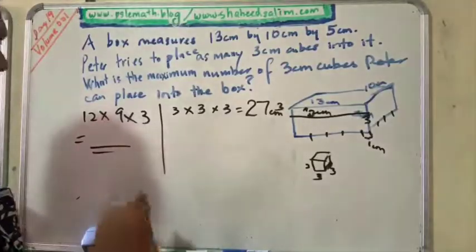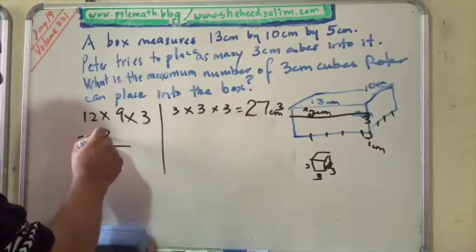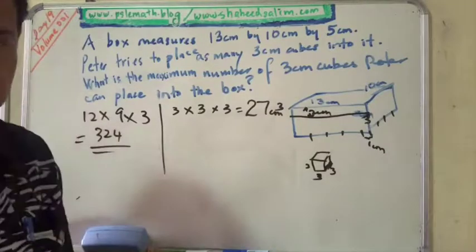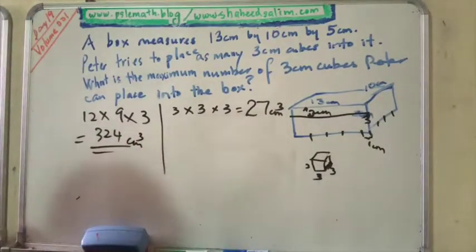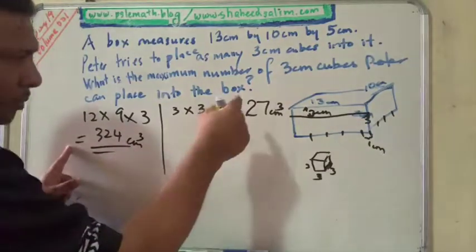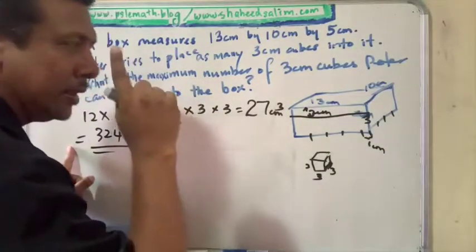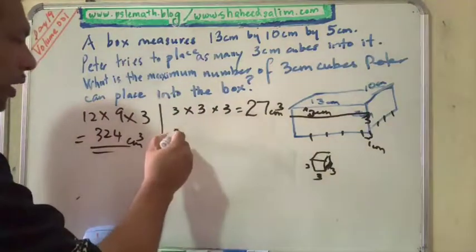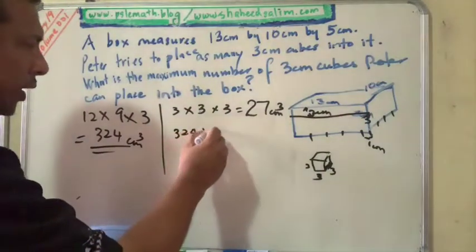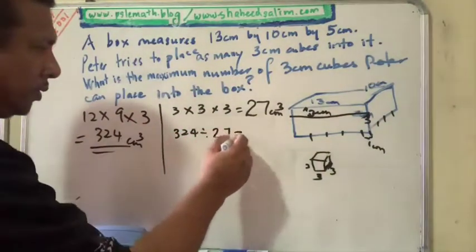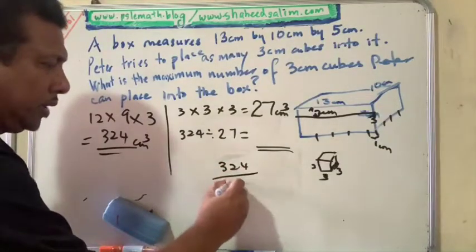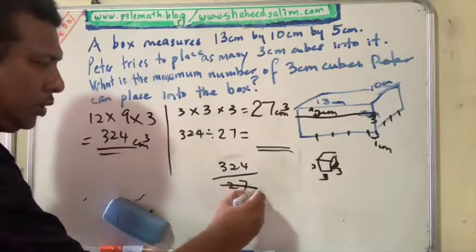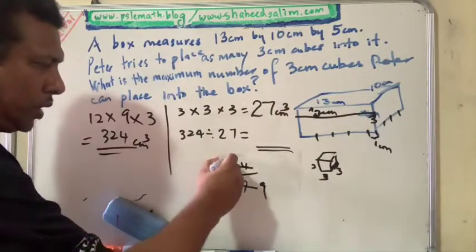So 12 times 9 times 3, you'll get 324 cubic cm. Take the volume of the space, divide it by the volume of 1 3 cm cube. So you get 324 divided by 27. Divide this by 3, you get 9, divide this by 3, you get 108.